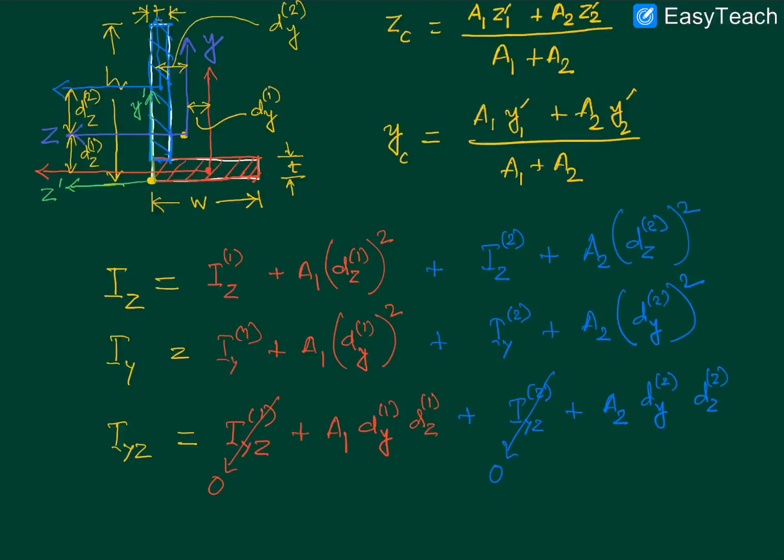This is absolutely necessary. Unless you have complete control over these formulas, you cannot proceed to the mechanics part. So once these steps are done, it's fairly easy to plug in the values of IZ, IY, and IYZ in the formula for tan beta and the formula for sigma xx, provided you have also been given the values of mz and my. So in an actual problem solving scenario, these two are very, very important steps.